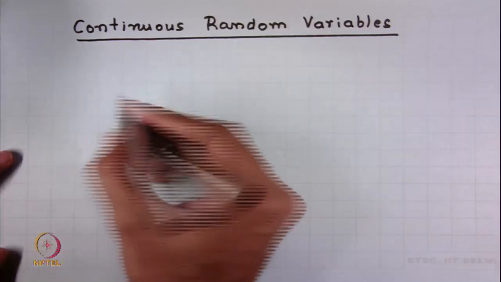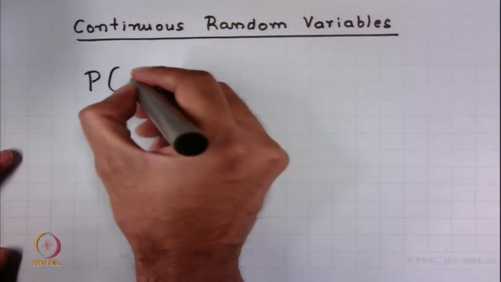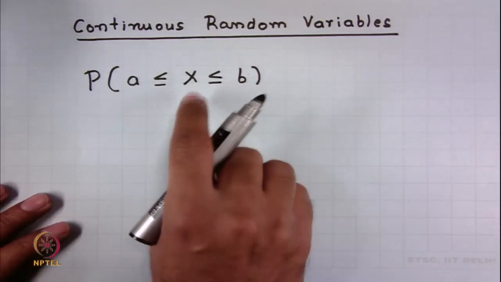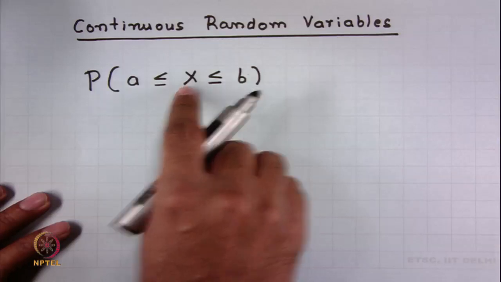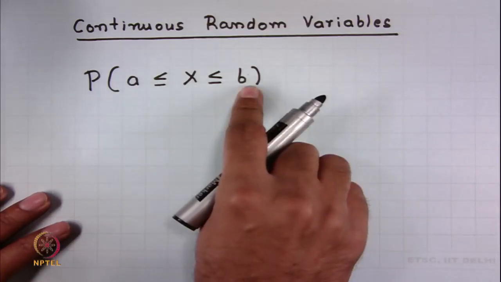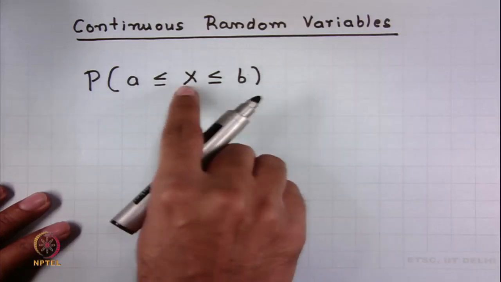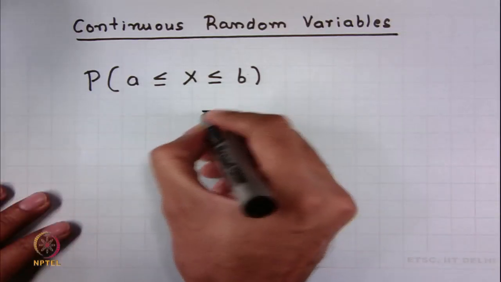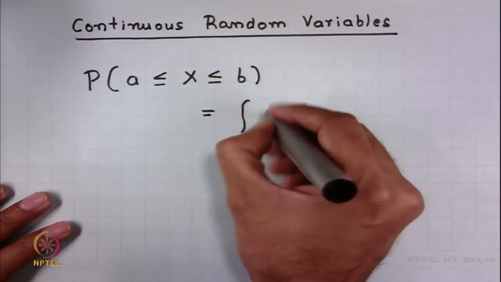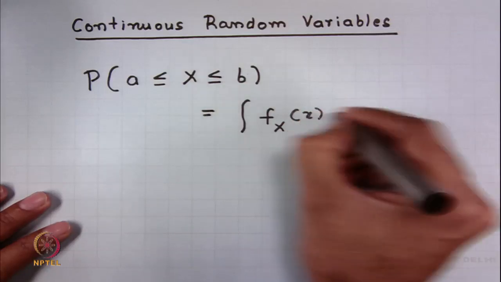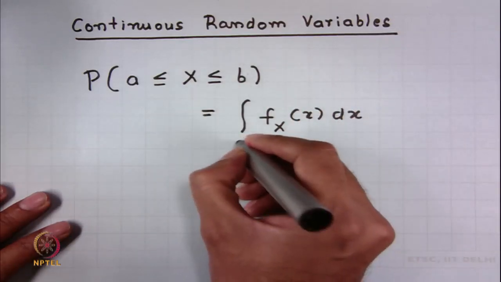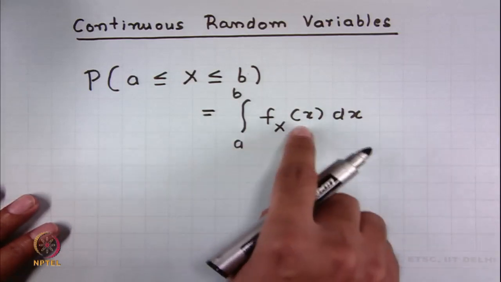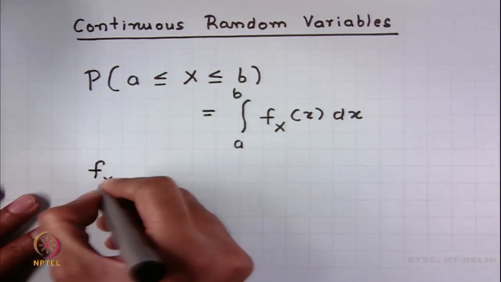So, for example, if I have a continuous random variable, and I ask the question, what is the probability that this random variable takes a value between the limits a and b, and if this probability is given by this expression.